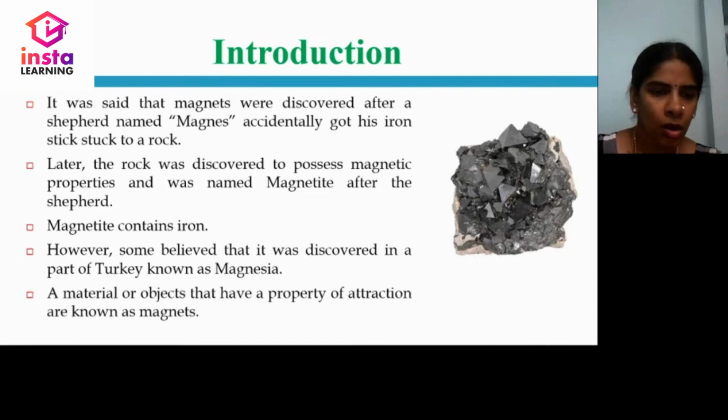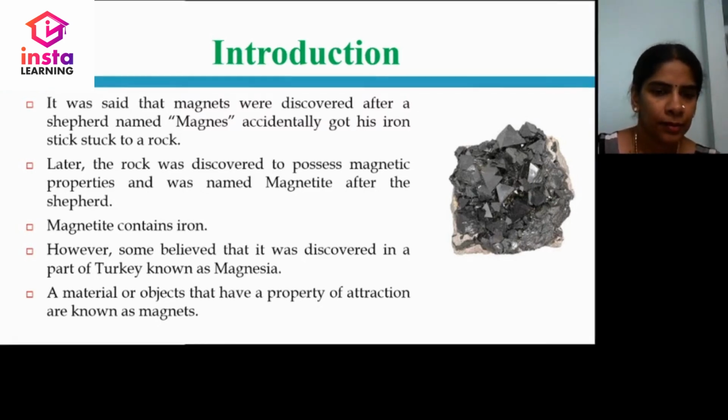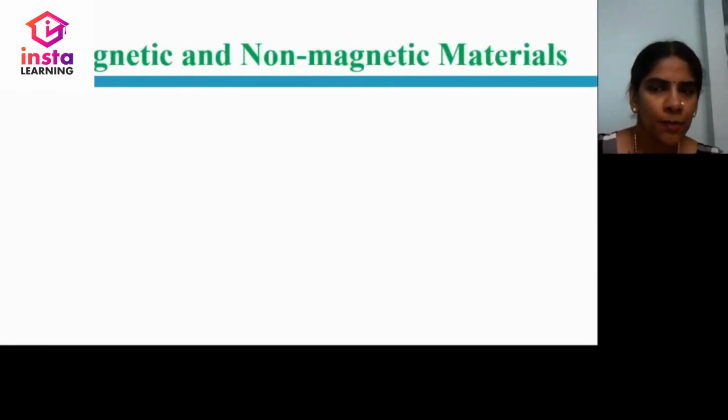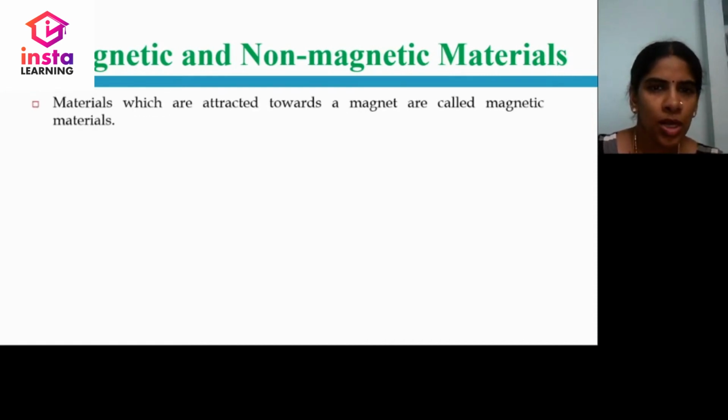A material or object that has a property of attraction is known as a magnet. Two types of materials are there, that is magnetic and non-magnetic. Materials which are attracted towards a magnet are called magnetic materials.